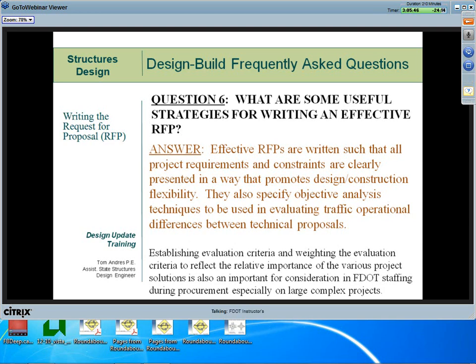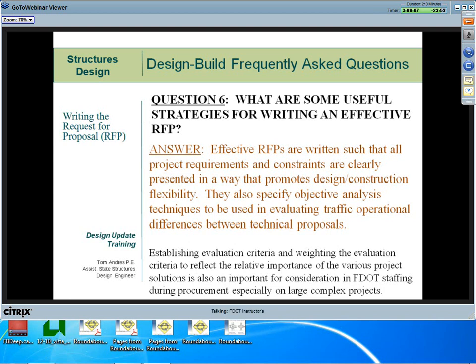Establishing evaluation criteria and weighting the evaluation criteria to reflect the relative importance of various project solutions is also important. For instance, traffic impacts and utility impacts may be very important on a job, say in Miami, but these issues might be less important, say, on a rural project in District 3.